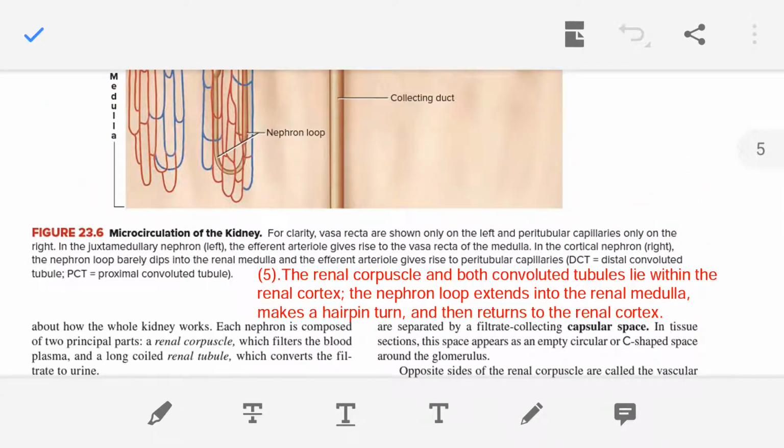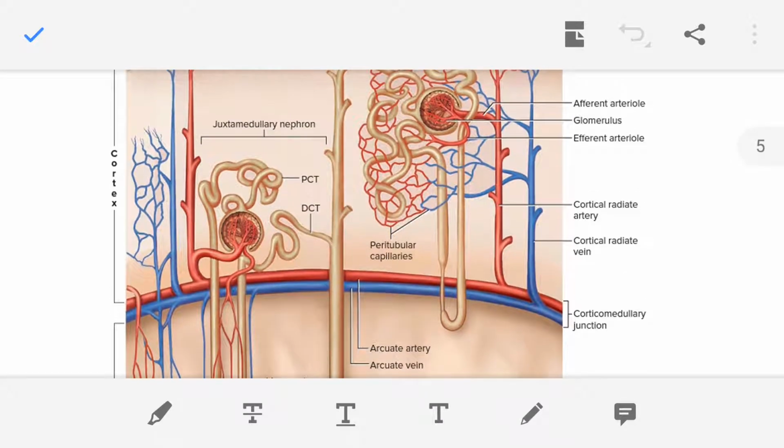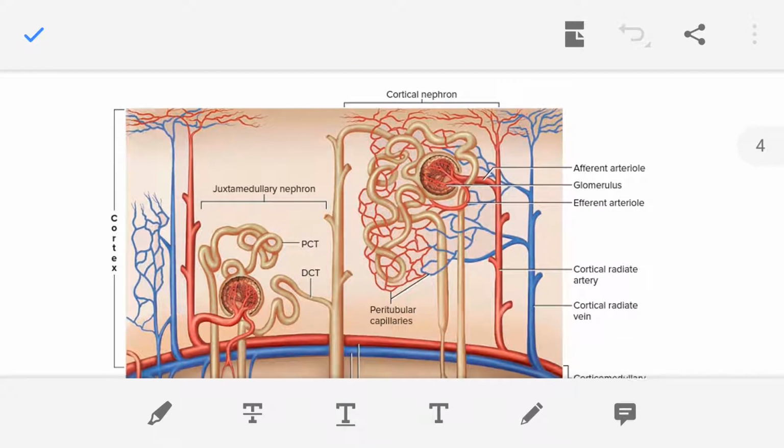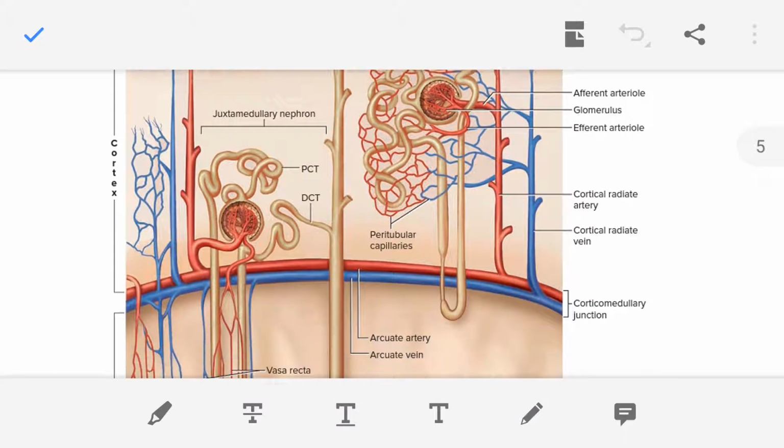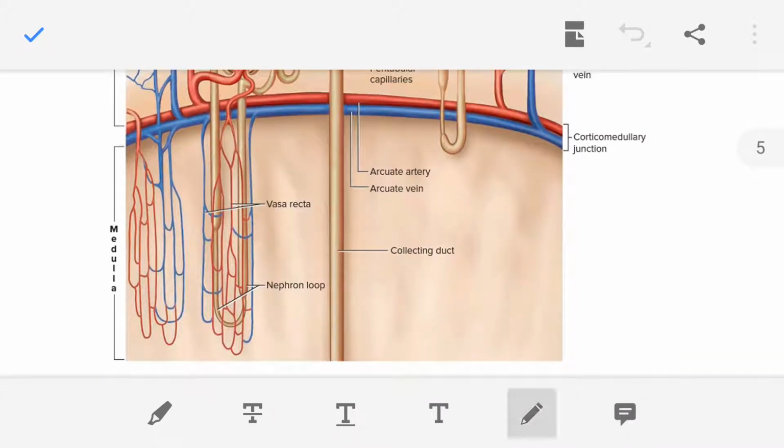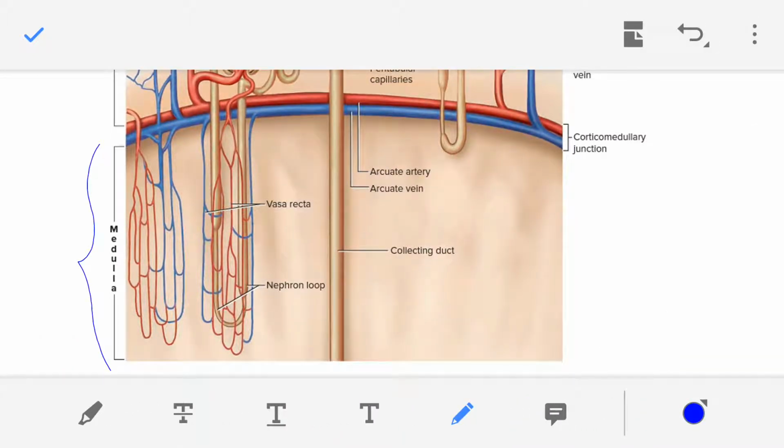I'm showing you this. See, here in the cortex, this is the cortex portion, and this is the medullary portion of the kidney.